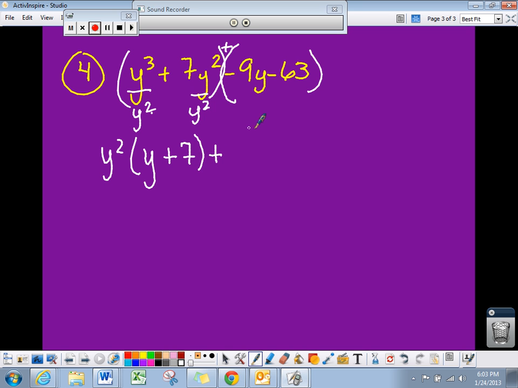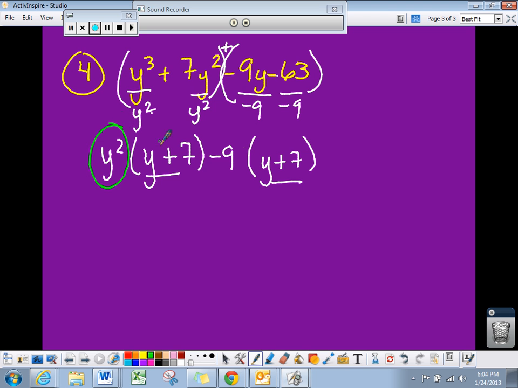But we're not going to use a plus sign, because here we're going to factor out the GCF, which is negative 9. So we put the negative 9, and a negative times a positive will be a negative. Parentheses, y, negative divided by negative is a positive, plus 7. We now see that these two are alike. So since those two are alike, these two can be grouped together.